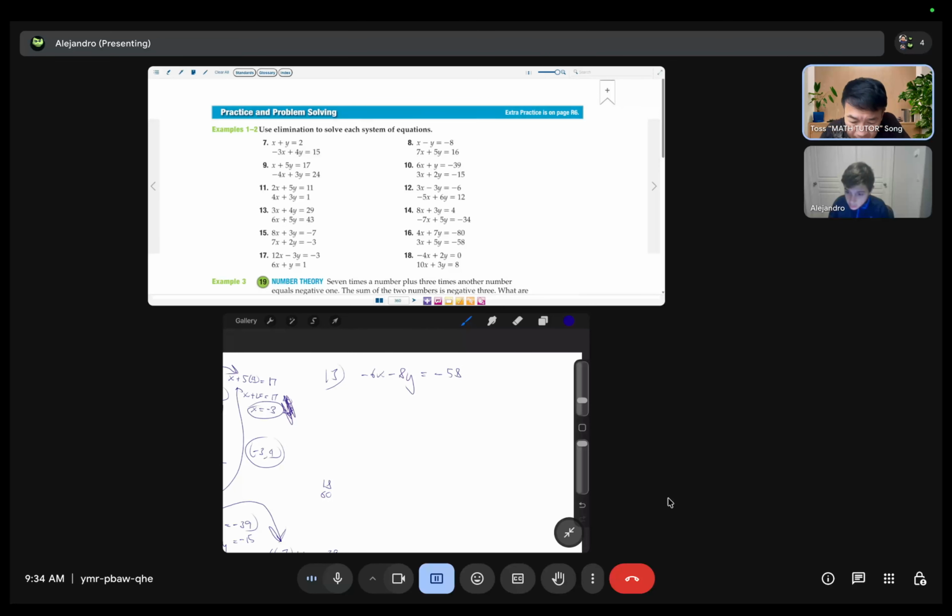The first equation, yeah, we're doing negative 2. And then copy the second equation as is, and then add them straight down. And have negative 3y equals, what is this one? It would be a negative 15.